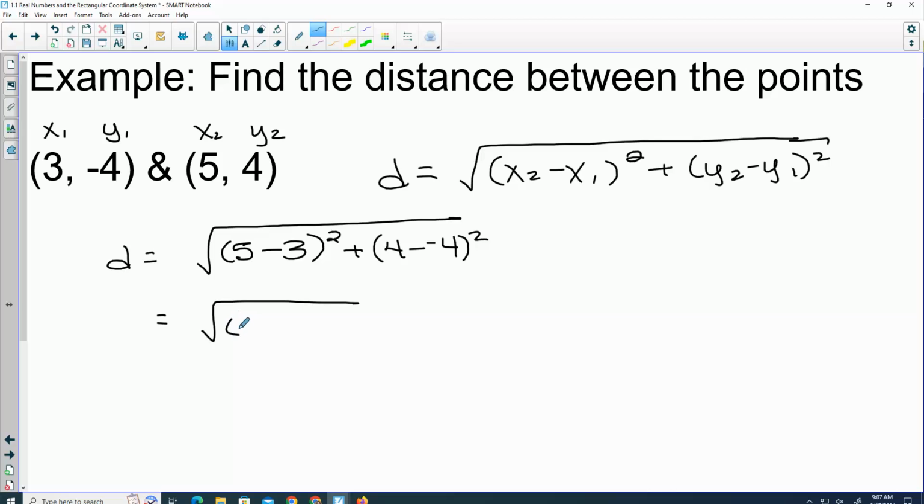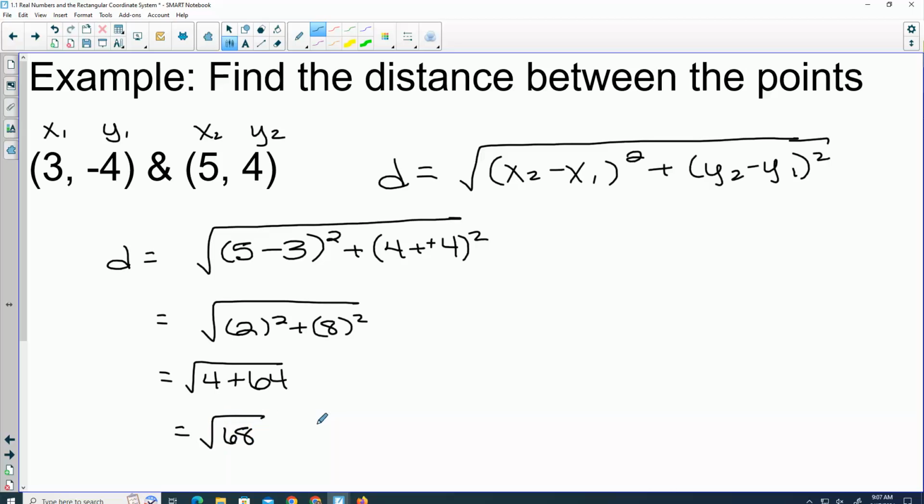So 5 minus 3 is 2. 4 minus a negative, so 4 plus 4 is 8. So if we square those, 4 plus 64 is 68.